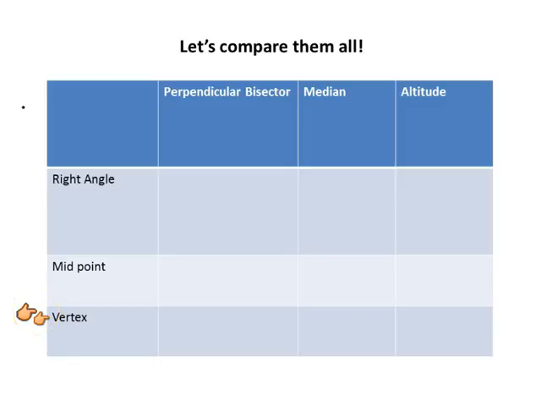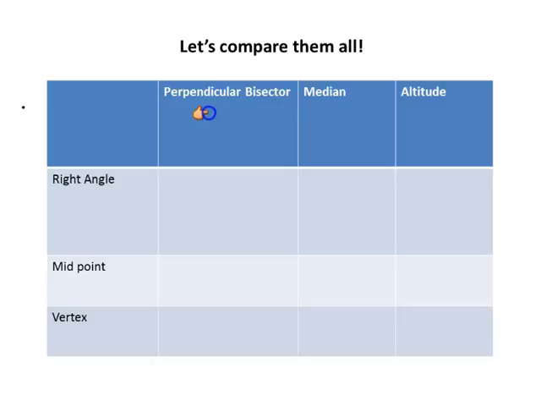Each of our 3 types of line segments in triangles, whether it be the perpendicular bisector, the median, or the altitude, only needed 2 out of these 3 conditions. So let's make a nice little chart that will help us remember which 2 conditions out of the 3 each segment has to have.